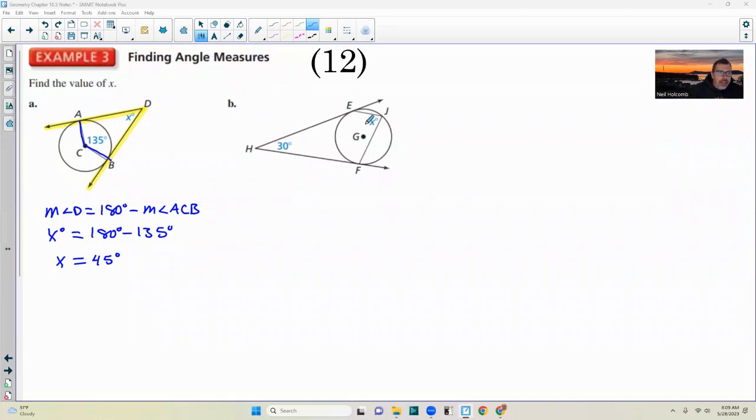Okay, so this diagram here is a little more tricky. They're asking for the interior angle, or the inscribed angle. I'm sorry, it's an inscribed angle. This angle is on the circle, but I don't know the measure of arc EF. Okay, but if we use this theorem, then we can think of it this way.